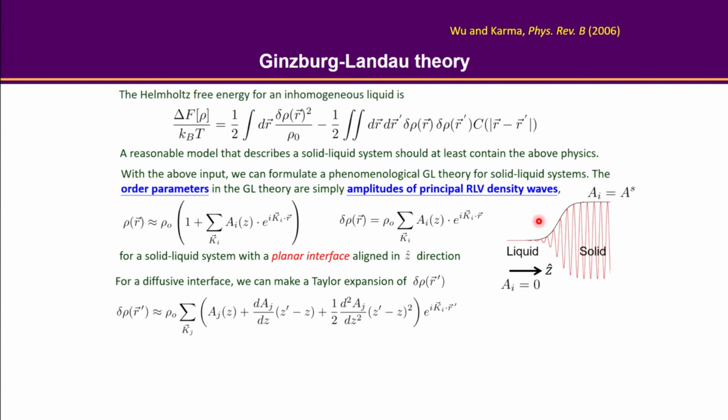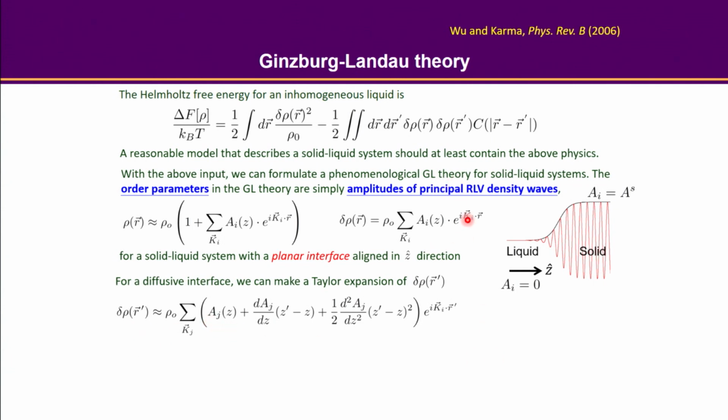So for a diffusive interface, we can do a Taylor expansion of the delta rho of r prime here, right? I can expand this delta rho of r prime around r. So here just z.